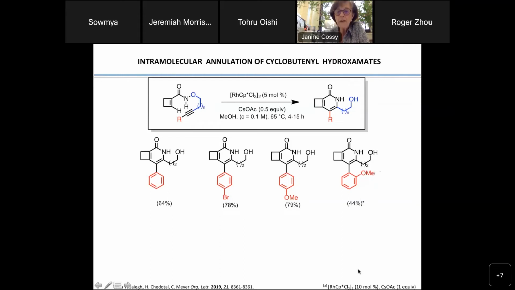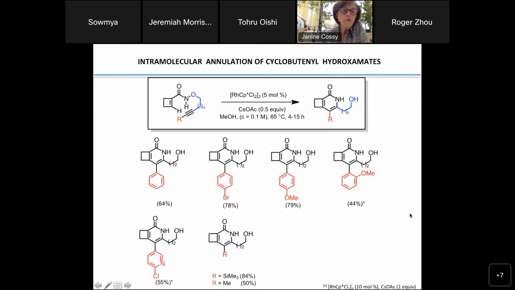And here we have to force the condition. Instead of 5 mol%, we need to use 10 mol% and 1 equivalent of a base. You can introduce also heterocycles, such as a pyridine, but the pyridine has to be protected by a chloride. Otherwise, the reaction is not working because you have the basic nitrogen that complexes the catalyst. You can have also different R groups at this position, such as a TMS or a methyl group.